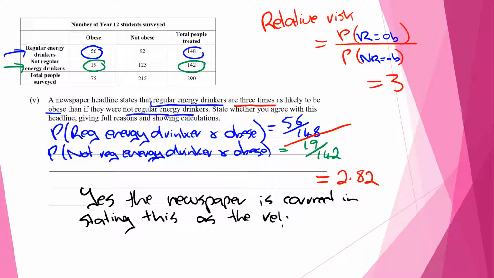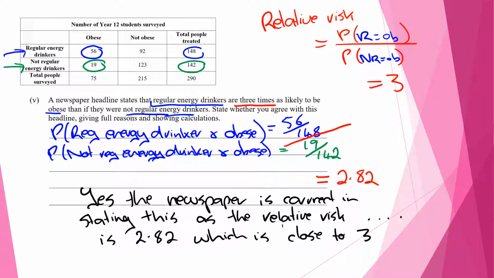You might use a few more words here: the relative risk of, and make the statement of what you're comparing, is 2.82, which is close to 3. Indicating 3 times is indicating the first outcome is 3 times as likely to happen as the second.